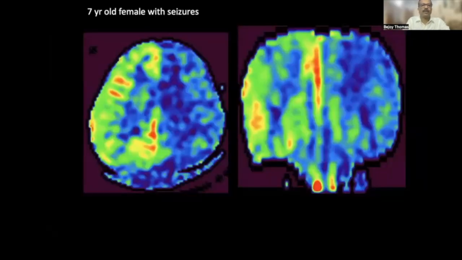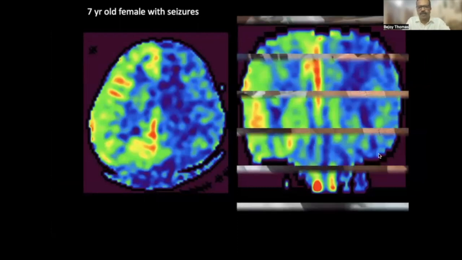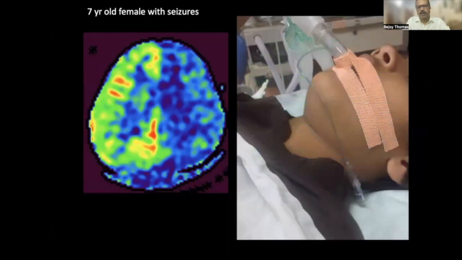Another 7-year-old female with seizures. When we did this, we saw that there is diffuse hypoperfusion of the left hemisphere, but it was not clinically corresponding. When we looked back, this was the problem. This is an artifact. You can see this is a child who was intubated, and in the pilot tube there is a small MR compatible spring.